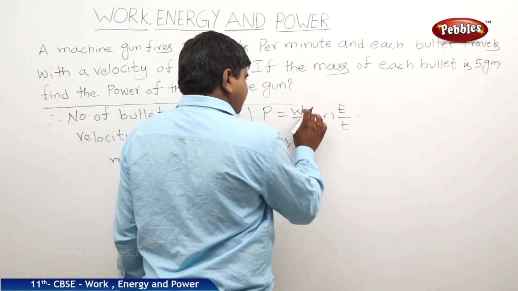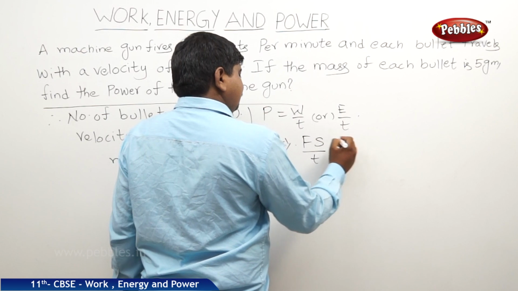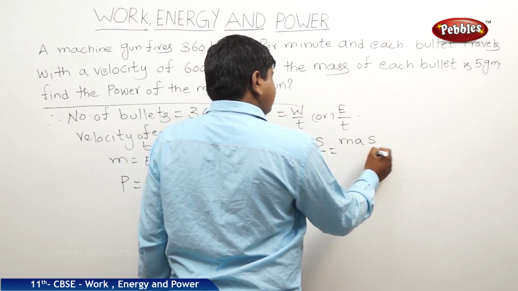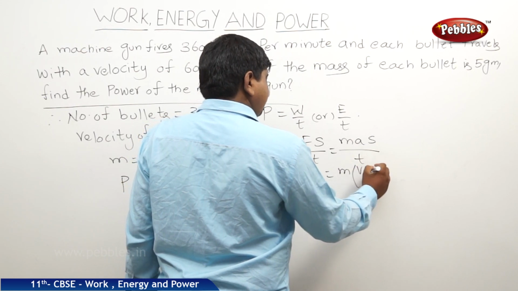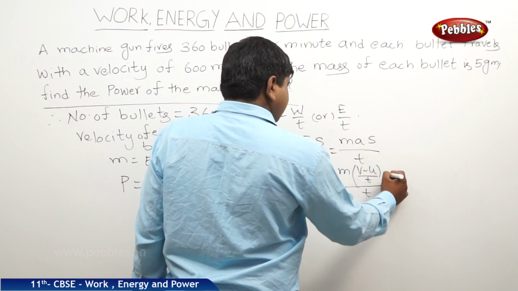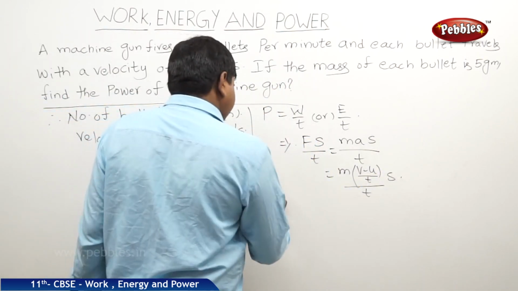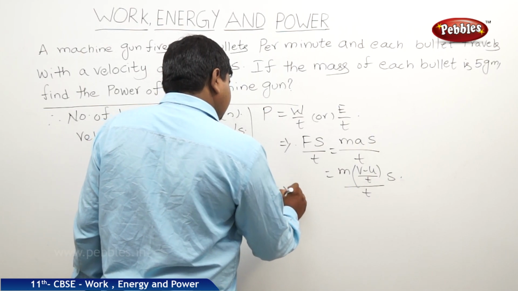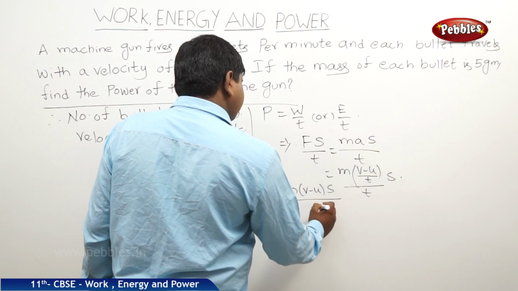There is a way to solve this problem, where power is equal to F s by T, where F is equal to m a, and a is V minus U by T, into S.